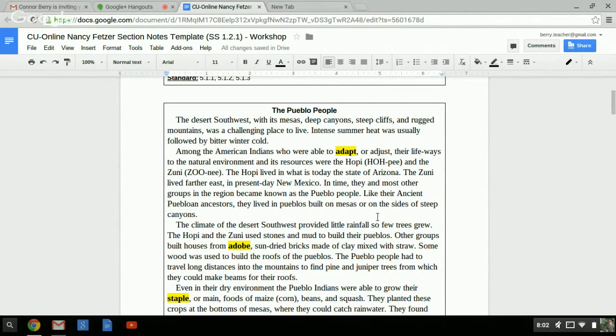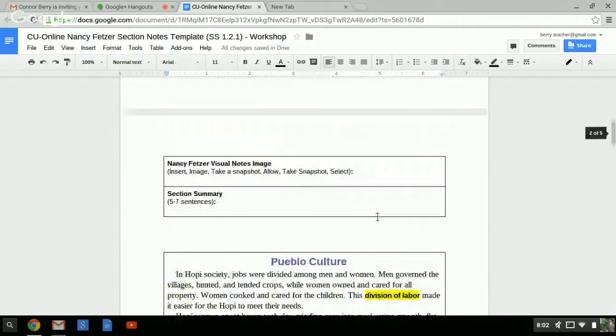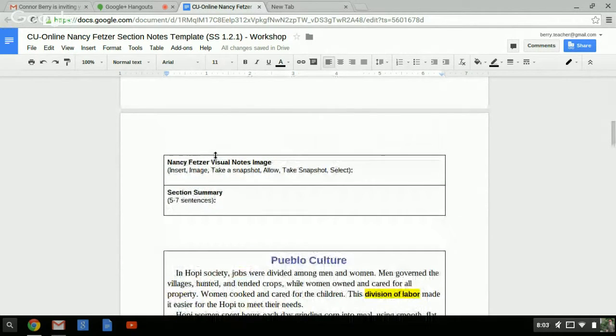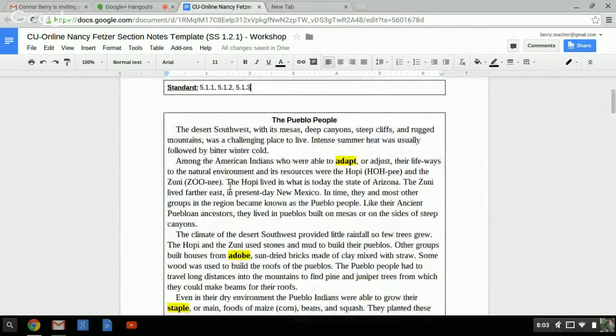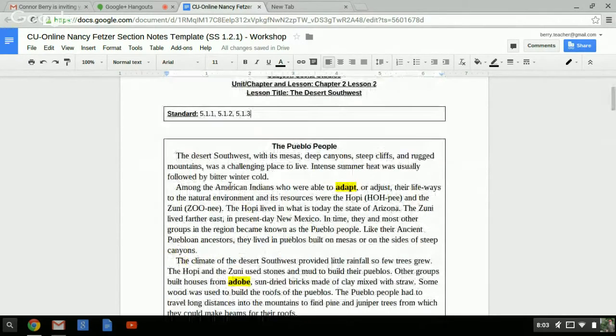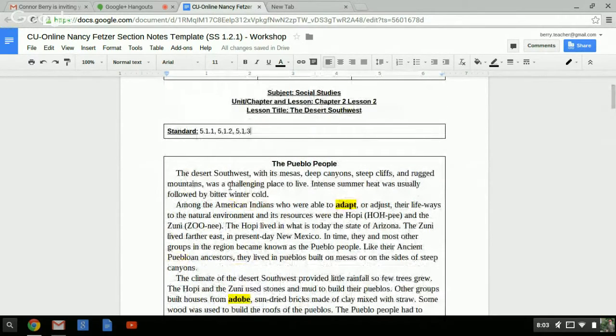If you look down a little further, you see two different things: the Nancy Fetzer visual notes image, and then a section summary. We're going to take this big piece of text and make it a summary of 5 to 7 sentences. So let's get started.